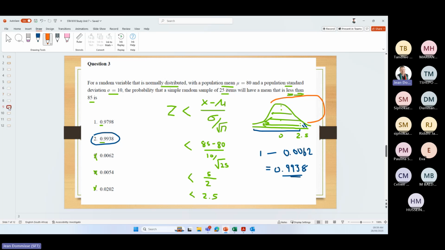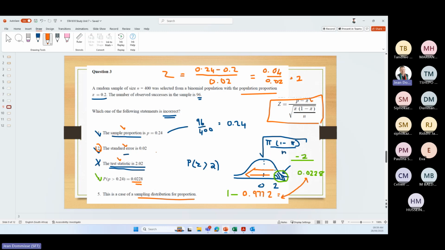But in the exam, very easily they can ask you a question like this, because it covers everything of that topic. Yes, so when they ask you the test statistic, you basically work out the Z-score.